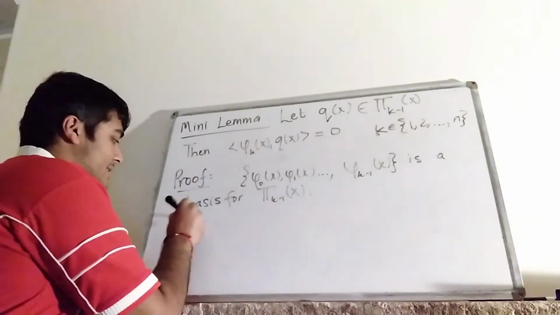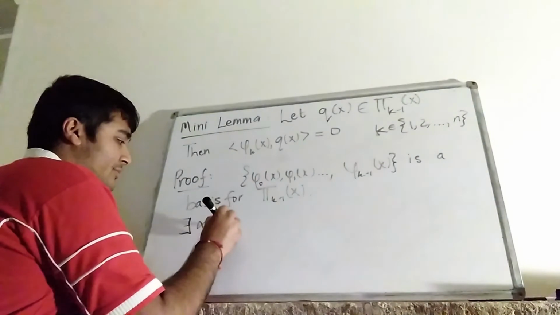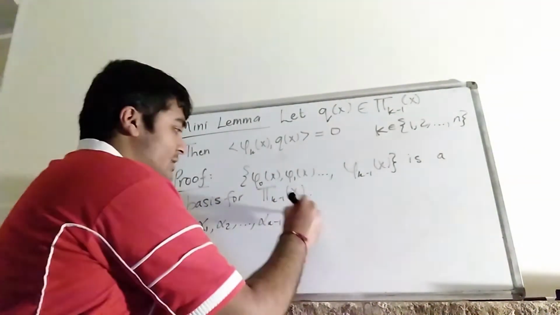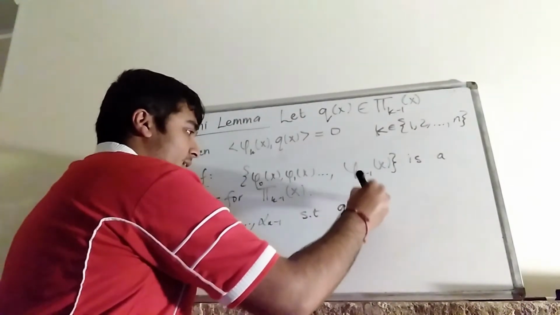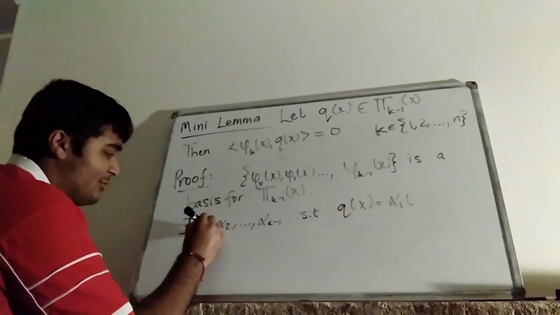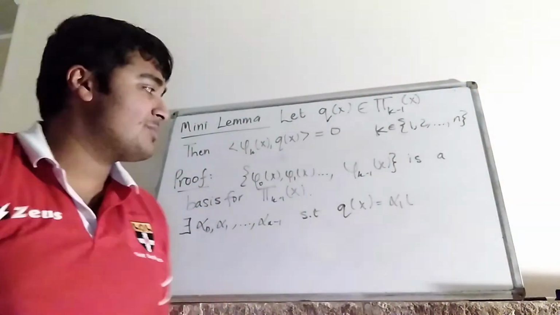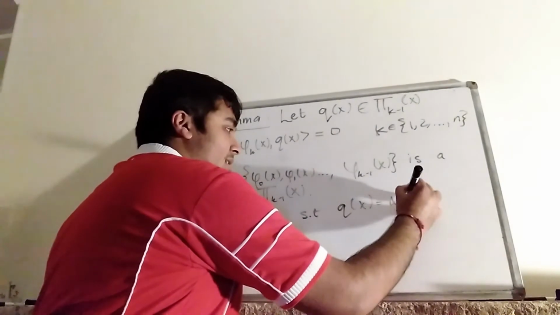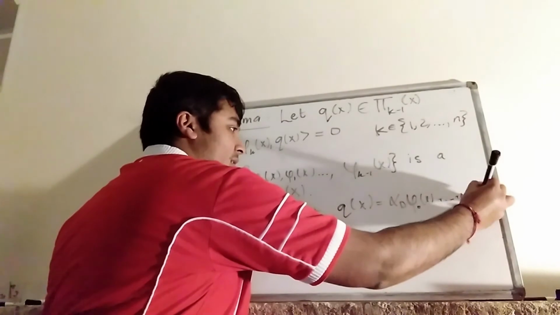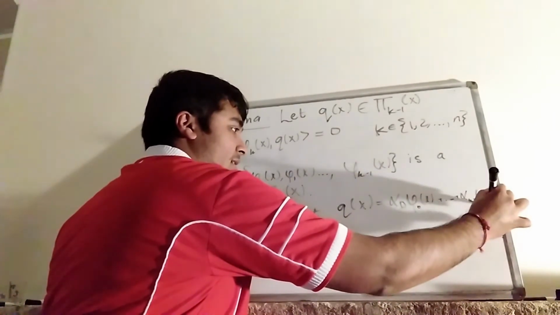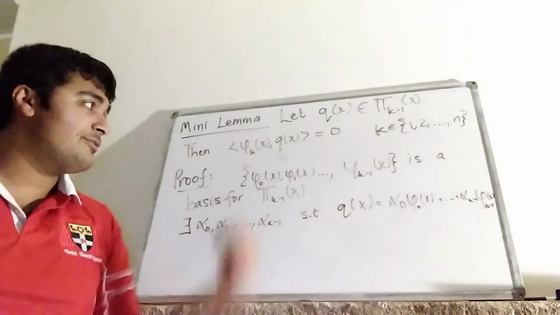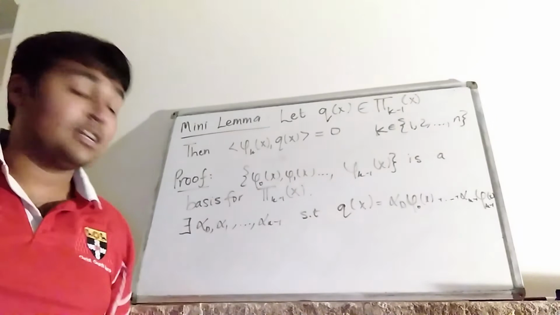In other words, there exist alpha 0, alpha 1, all the way up to alpha k minus 1, each of the alpha i's a constant, such that q of x equals alpha 0 times phi 0 of x, plus dot dot dot, all the way up to alpha k minus 1 times phi k minus 1 of x. So q of x can be written as a linear combination of phi 0 of x, phi 1 of x, all the way up to phi k minus 1 of x.